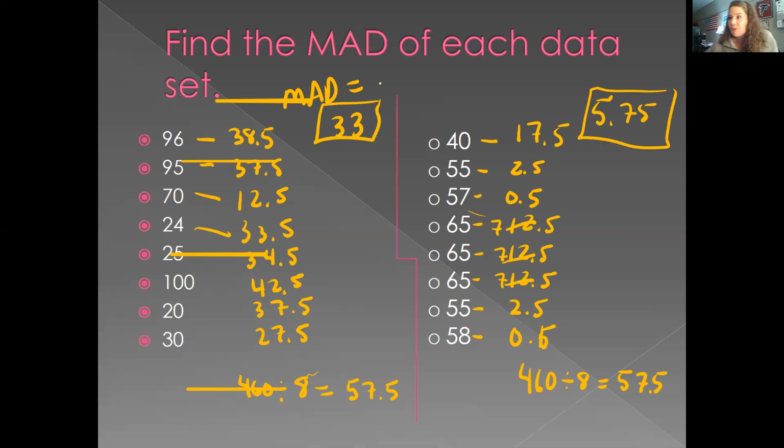So basically, if you notice, what happened is the average is the same. So let's say these are two different students. The student on the right and left both have the same average, 57.5, which is not good. However, the MAD tells you that the second student is a lot more consistent with his or her grades.